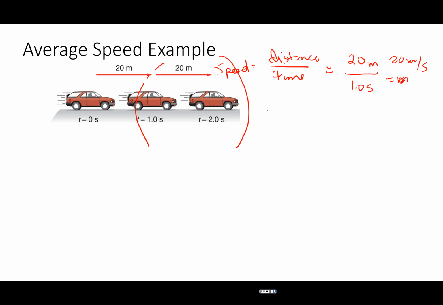The final time was 2.0 seconds, and the initial time was 1.0 seconds for that interval, so the time is 1.0 seconds. So I'm back to 20 meters per second. Does that make sense?